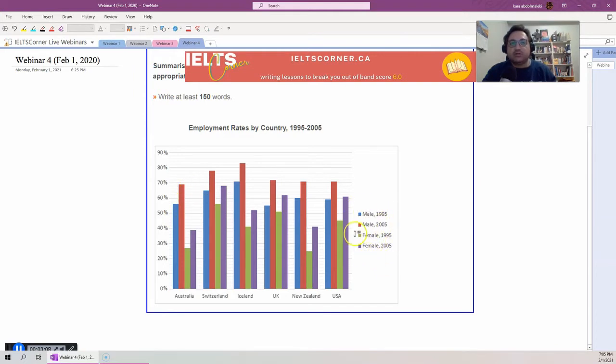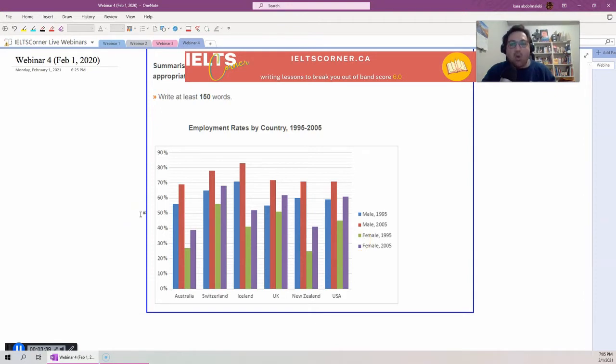You see the blue compared to the red, that's males, and green with purple, that's females. In all countries and in both genders, consistently, without exception, employment has increased. That's one key feature.